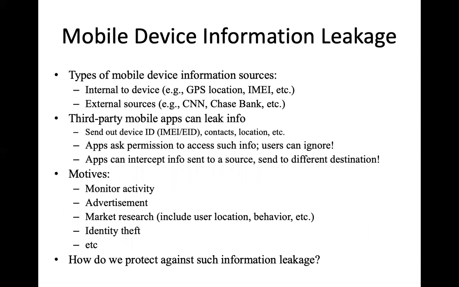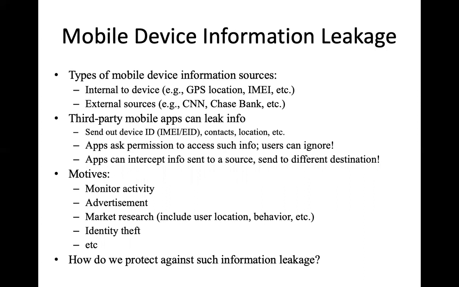Okay, so what can leak from your mobile device? So there are various types of mobile device information sources, right? You have GPS location that is tracked by your phone all the time.